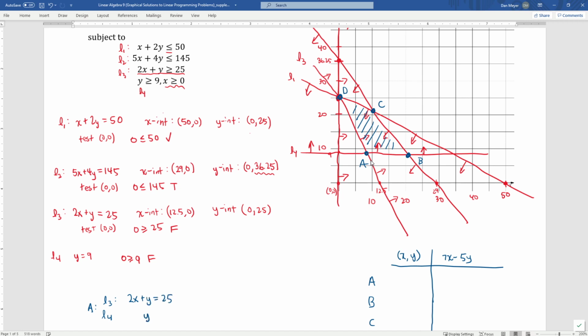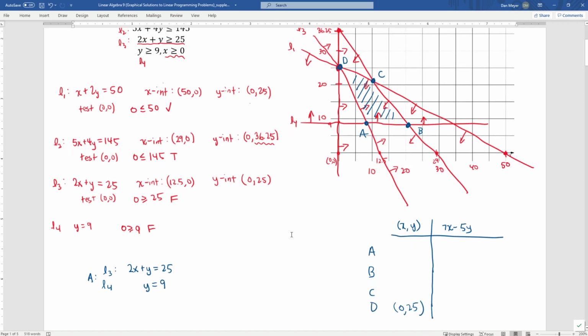And line 4 has the equation y is equal to 9. Okay. So that's easy enough. We've already got the y value. We have 2x plus 9 is equal to 25. So 2x is 25 minus 9, which is 16. I have to resist the temptation to go fast here. Just keep it at a nice even pace. So we get x is equal to 8. So point A has coordinates (8, 9).